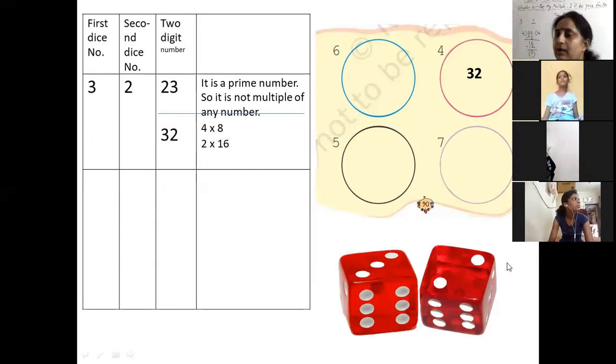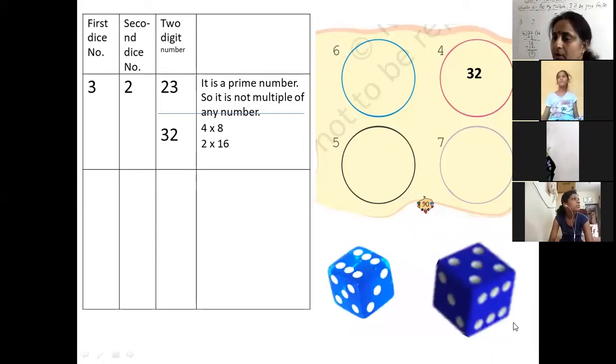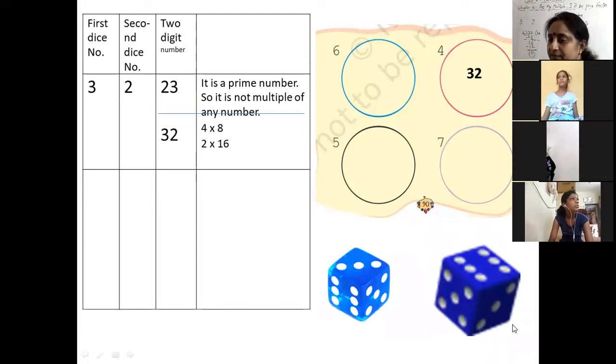Okay. Now let us throw the die. Now what are the numbers you can see on the face of the die? 3 and 6.